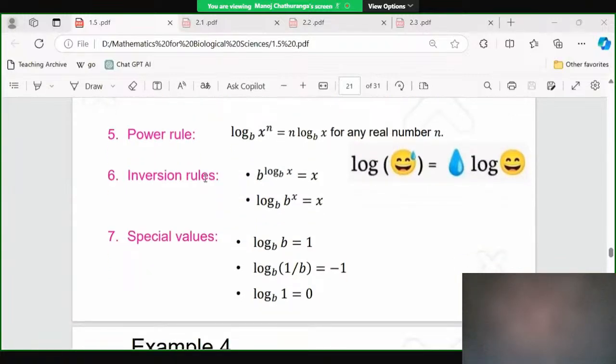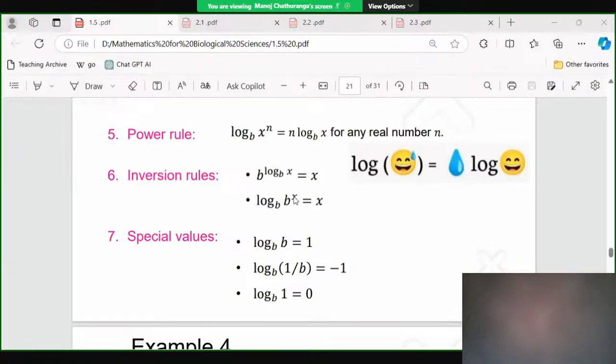and since exponentials and logarithms are inverse functions, we have these cancellation rules. It is like f of f inverse x equals x. Because exponents and logs are inverse functions, they cancel each other.